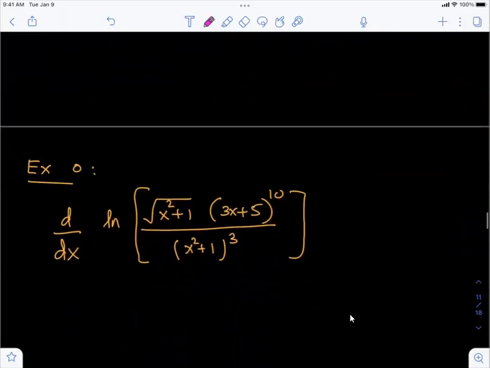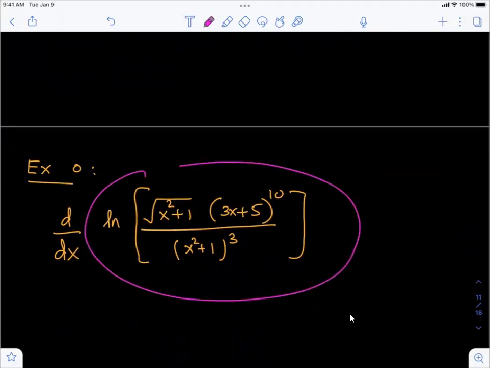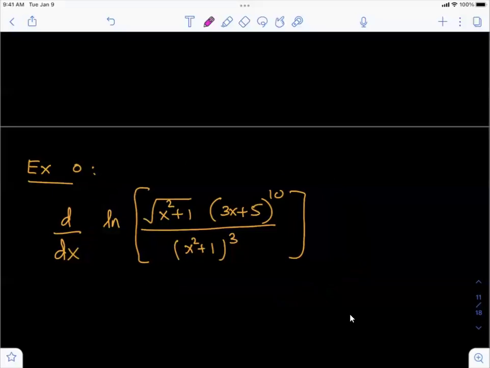Now, let's look at this example. This is most likely an example that we have already seen. This is not surprising. You can do this computation in two different ways. Method number one, just for this derivative computation, you can use directly the chain rule. So you can say the derivative of ln of x is 1 over x, where this whole thing is playing the role of x.